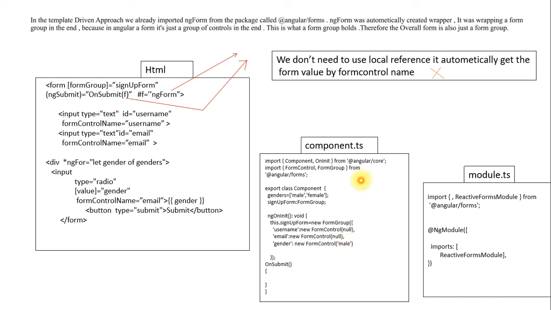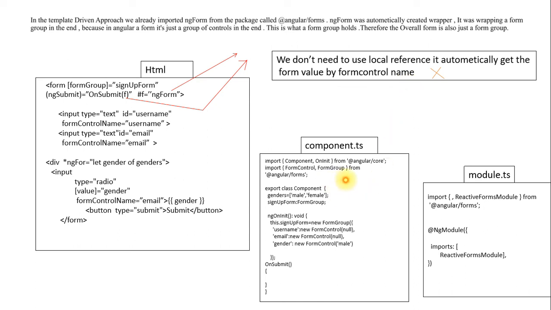Now basically we don't need to use a local reference. In reactive forms we can see that it automatically gets the form value by form control name and from the form group.